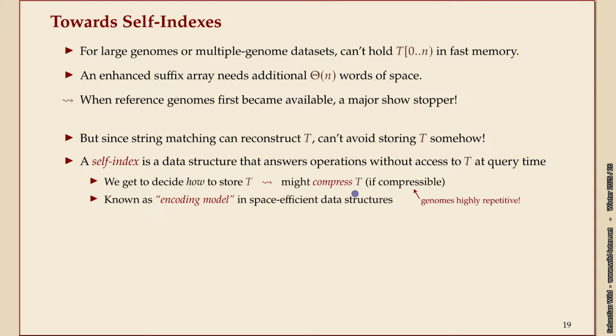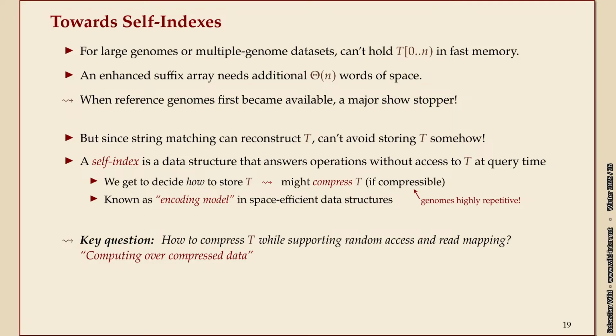But we don't need to keep the data in the original form. We're allowed to encode it in some new way. That's what this self-index is also going to do. Okay, general end of advertisement, but the research field that talks about these things is computing over compressed data in a more general sense, where data could be other things than text.